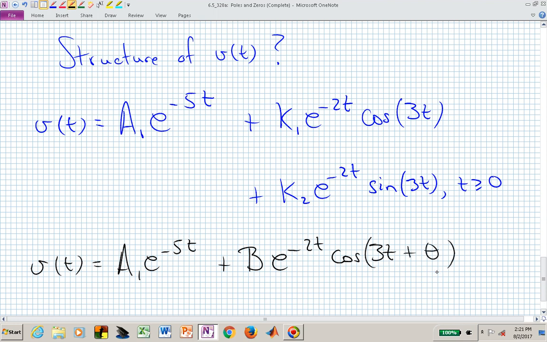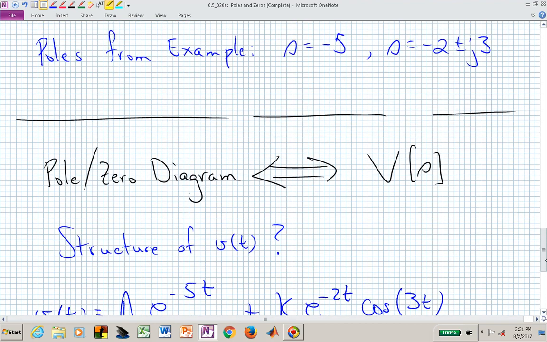So in this particular case, you can see that you have 2 unknowns, k1 and k2. In this case, you have a magnitude and an angle, or again, 2 unknowns that are different from the modes. We have modes at e to the minus 5t, and we have modes due to the exponentially damped sine and cosine.